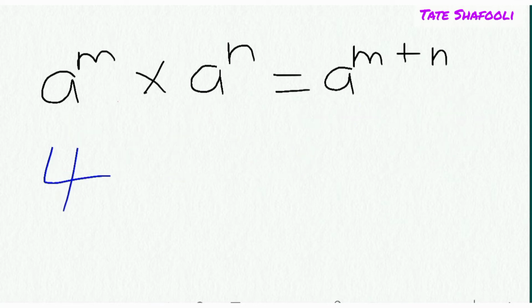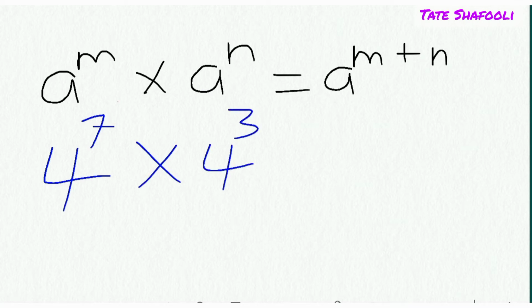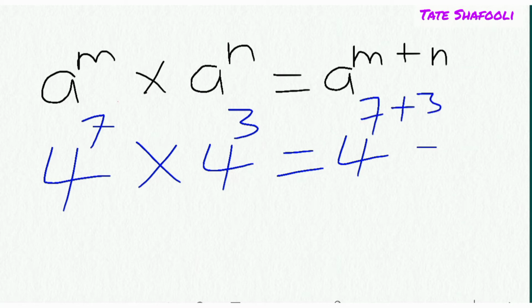4 to power 7 multiplied by 4 cubed can be simplified as 4 to power 7 plus 3, and then it's going to be 4 to power 10.